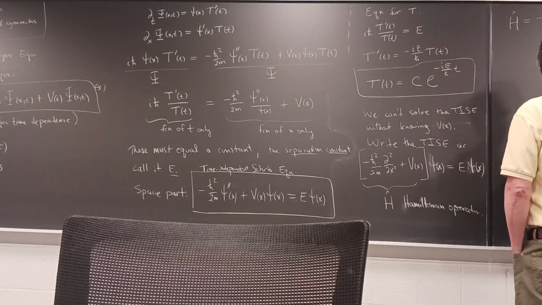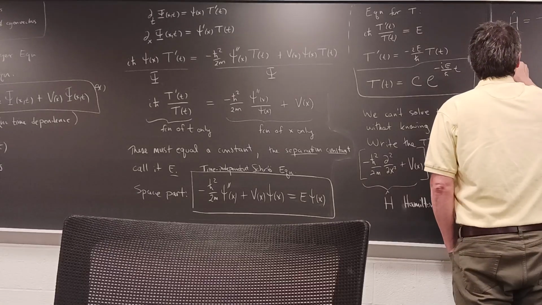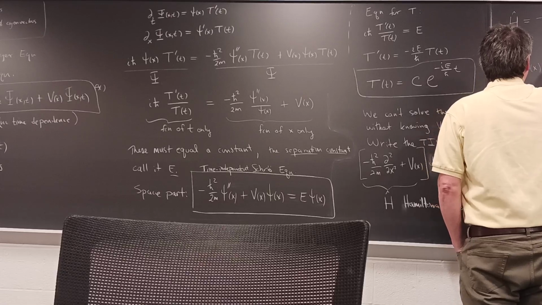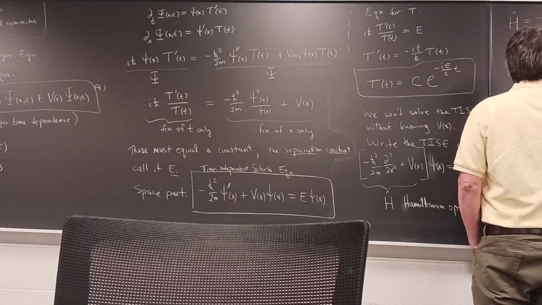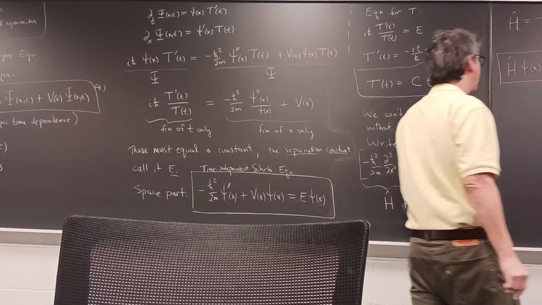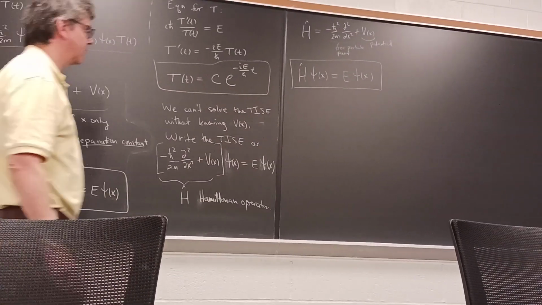And then this is the potential that it's in. And so when we write the time independent Schrodinger equation in this form, we can see that this is just an eigenvalue equation.